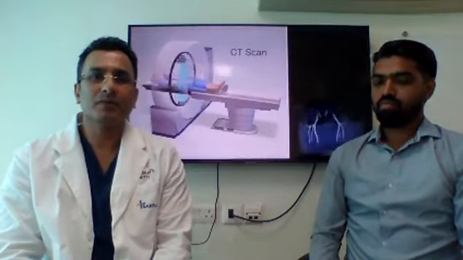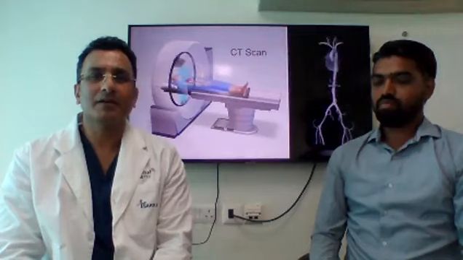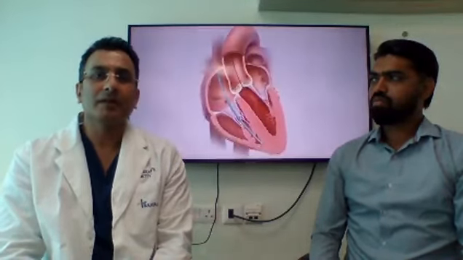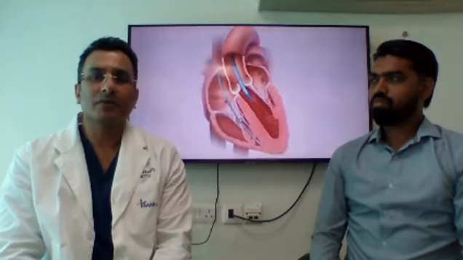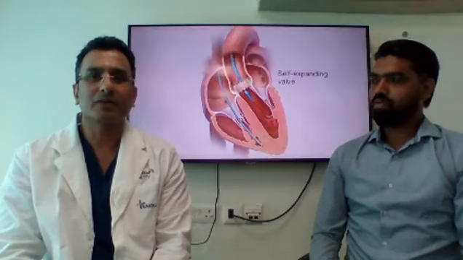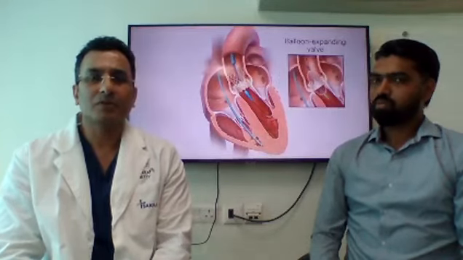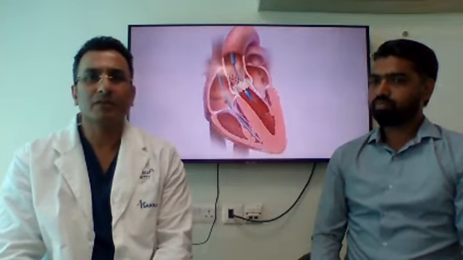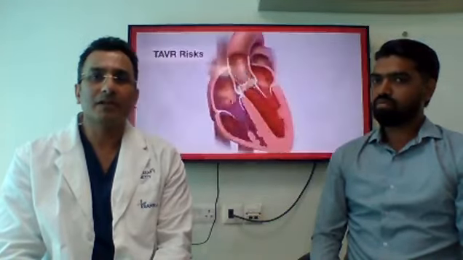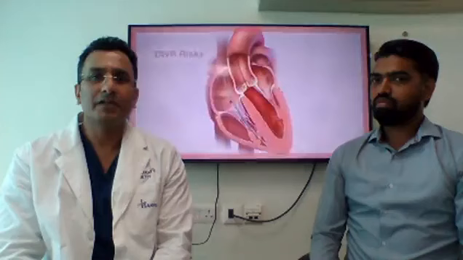There are different causes for valvular heart diseases. Sometimes they are congenital, that means present since the time of birth. Some are acquired, for example, rheumatic valvular heart disease, which is very common in our country, which happens as a consequence of streptococcal throat infection and chronic inflammation of the heart valves. And then in older individuals, valvular heart diseases can happen because of degeneration of the valve.